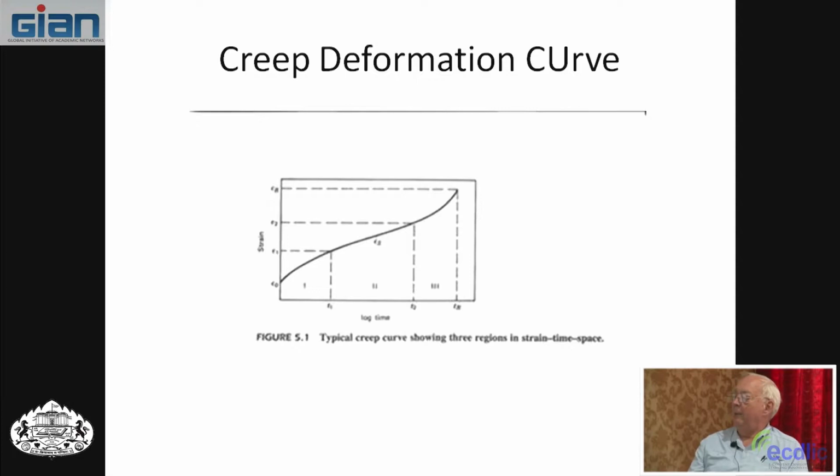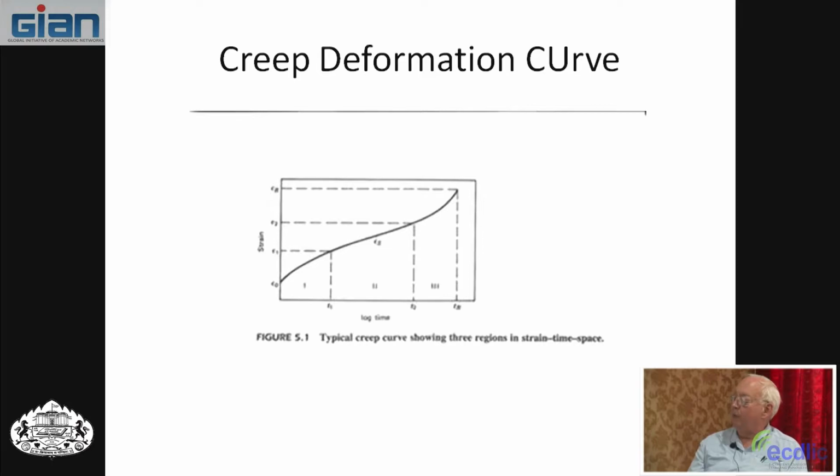And in this region, with creep rate increasing, you start to get things happening like voids opening up so that you're losing material, and then it eventually goes off to failure. In region 2, where you get a constant rate, these are log plots.